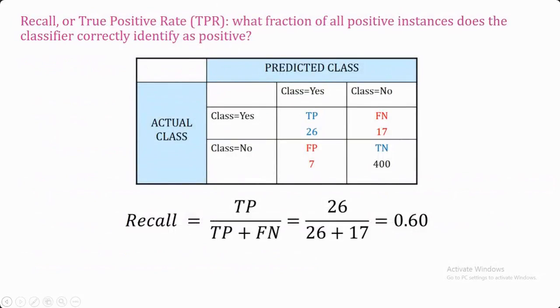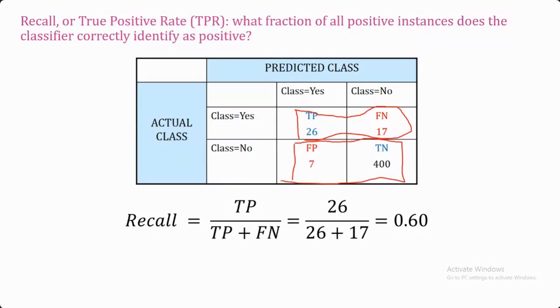Before moving to that, there is one more piece of information we need to know. This part is basically representing the total number of instances where the class label is yes, and this is defining the total number of instances where the actual class label is no. If we consider the first part, the class label is for your yes class.